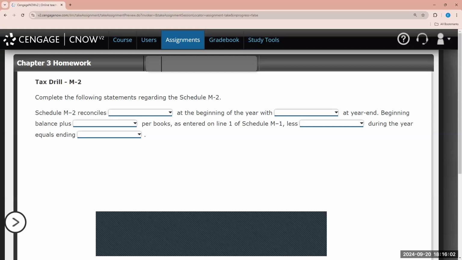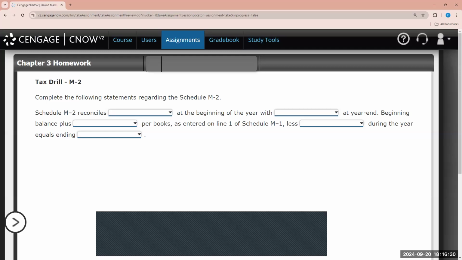So whenever there's a corporation that has less than $250,000 of gross receipts and less than $250,000 in assets, they don't need to complete Schedule L. And Schedule L is basically the equivalent of a balance sheet. And in addition, they don't need to complete Schedule M1 and M2 of Form 1120. And the same rules basically apply for 1120S.